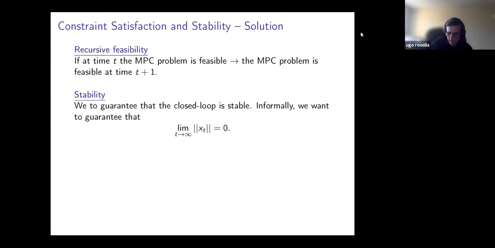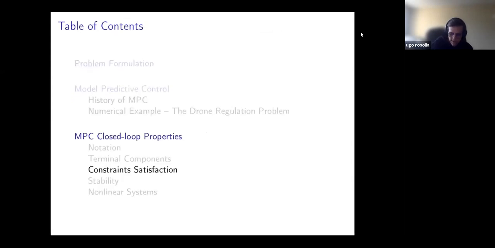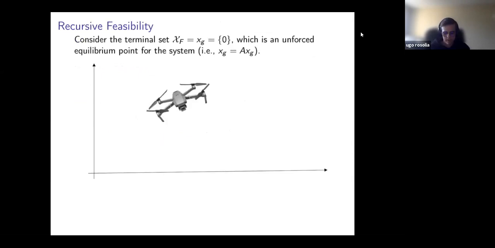Okay. Now let's see how we can guarantee a controller that satisfies our state and input constraints using a terminal constraint set. We are going to assume that our terminal constraint set is the origin. Notice that the origin is an unforced equilibrium point for the system.